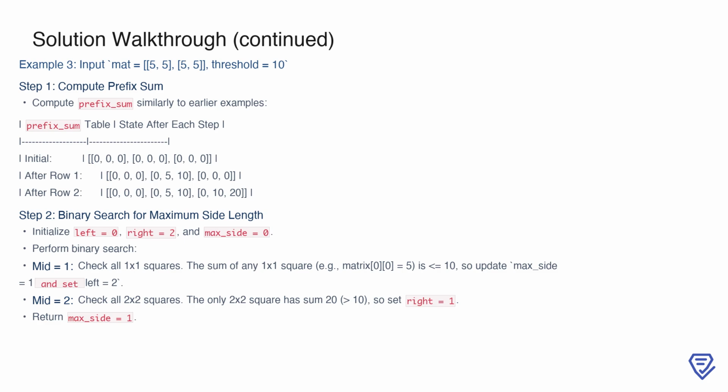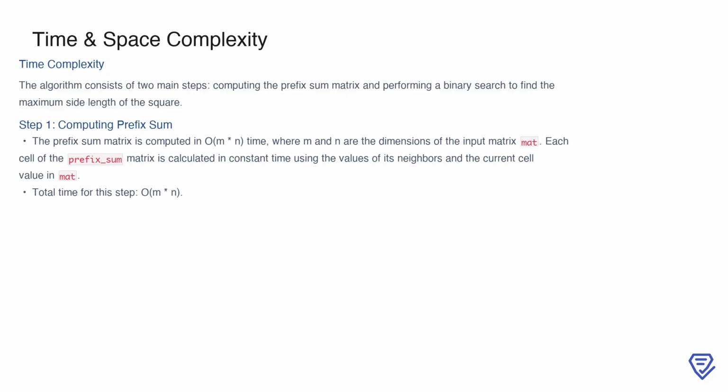result. Here, we start by understanding the time complexity of the algorithm, which is broken into 2 main steps. The first step involves computing the prefix sum matrix. This matrix allows us to calculate the sum of any submatrix in constant time. To construct it, we iterate through the entire input matrix mat, which has dimensions m by n.